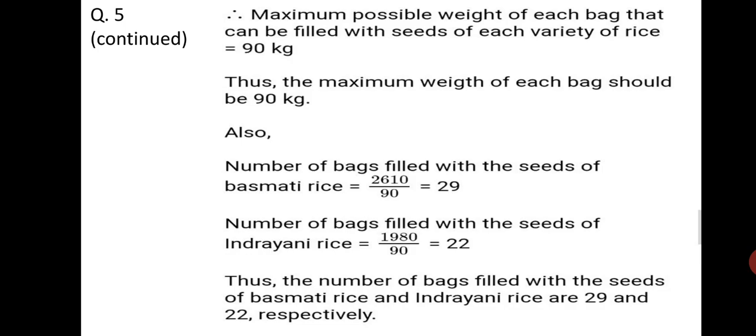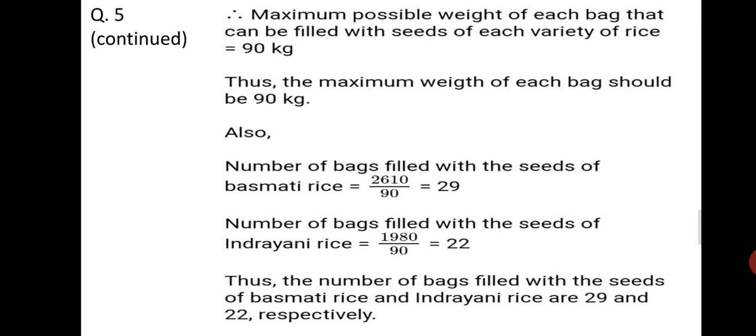Similarly, number of bags filled with the seeds of Indrayani rice is equal to 1980, which is the total amount of Indrayani rice, divided by 90, which is the maximum weight in each bag, is equal to 22.